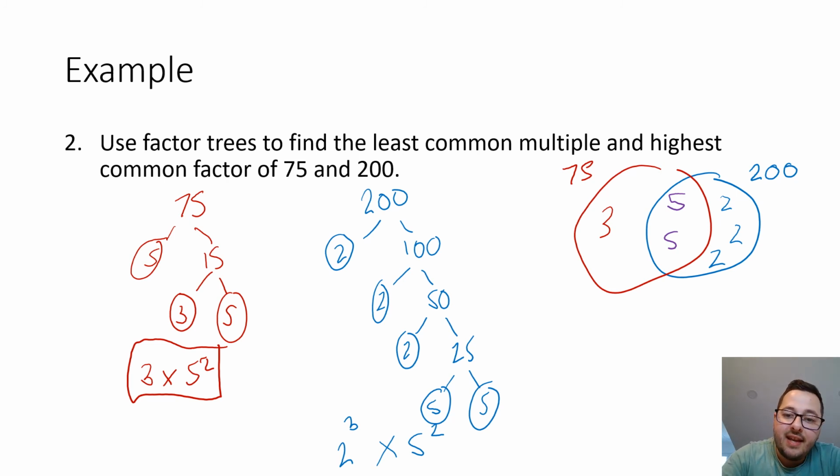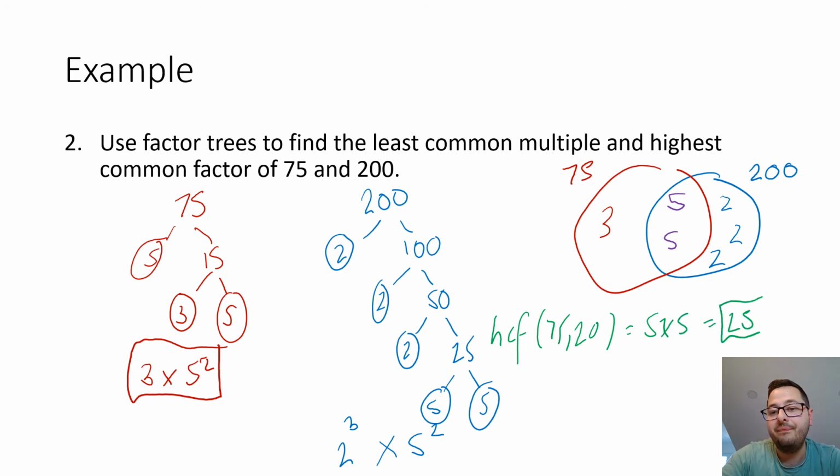So finally then, the highest common factor of 75 and 200 is just going to be whatever's in the middle times together. So 5 times 5, which is 25. And then the least common multiple of 75 and 200 is going to be, well, we've already got 25 in the middle, but we want to times that by 3, and then by 2, by 2, and by 2.